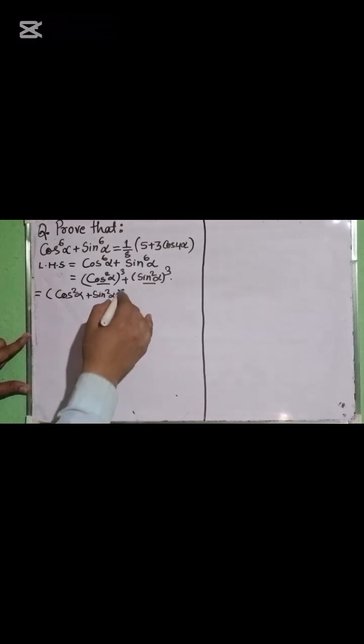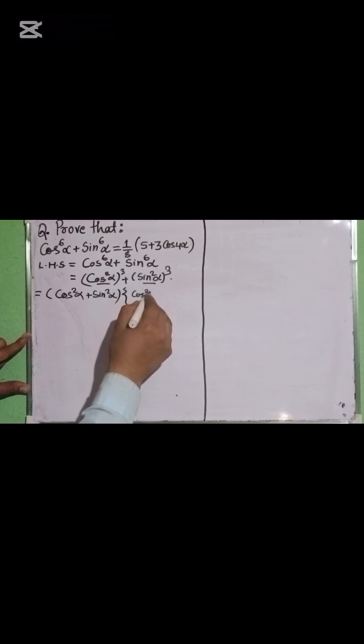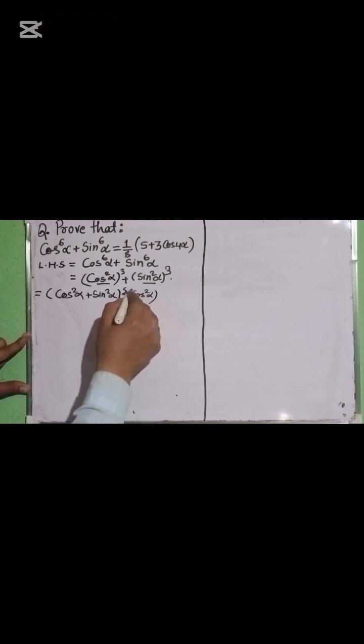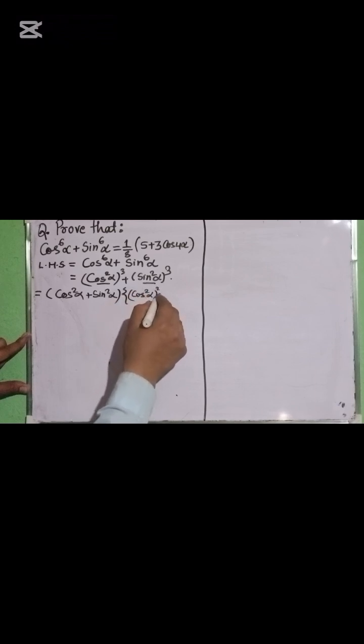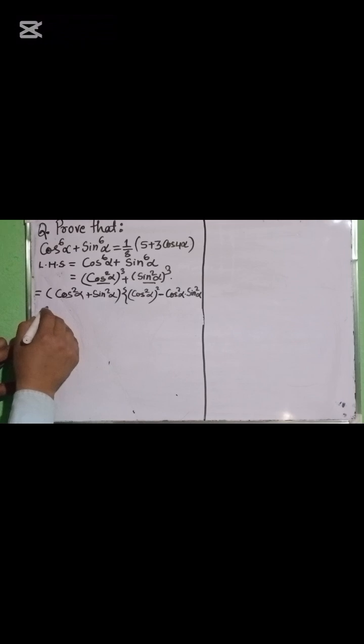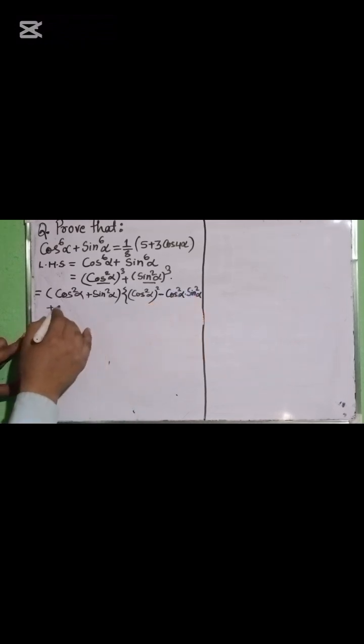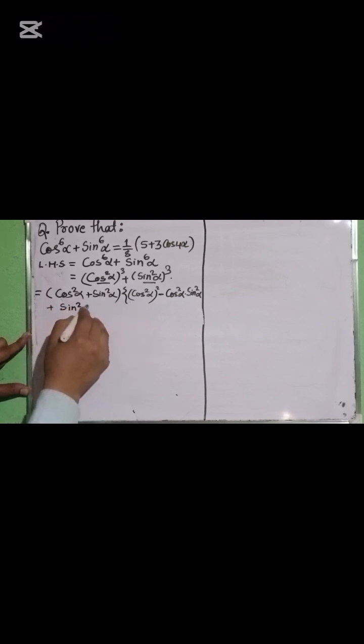Then a square means cos square alpha whole square, minus a into b, cos square alpha into sine square alpha, plus b square means sine square alpha whole square.